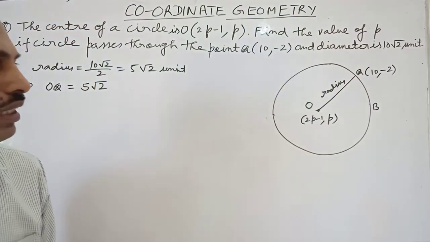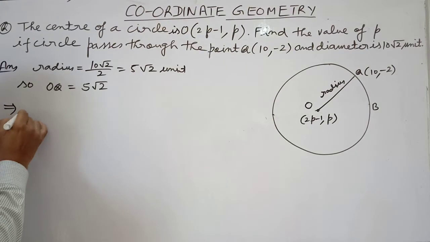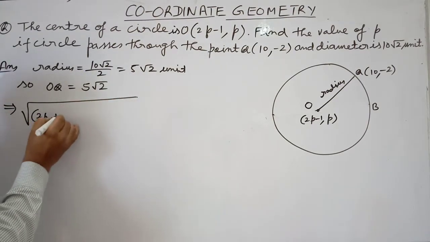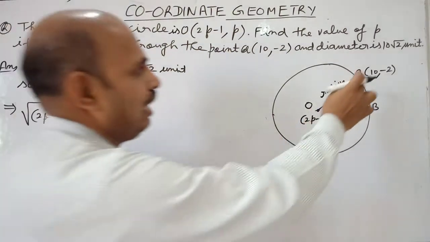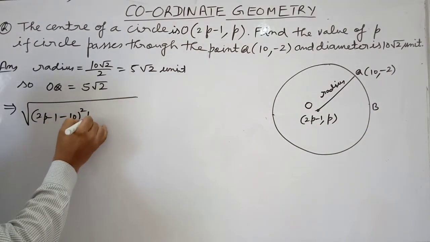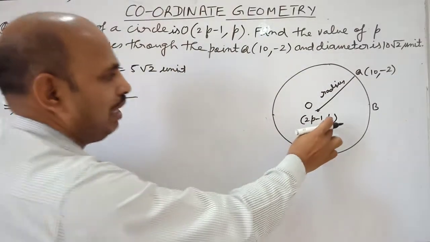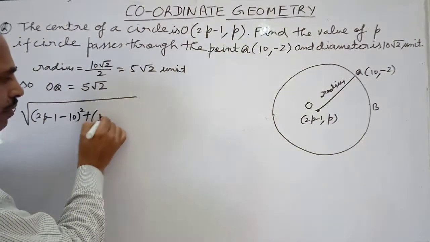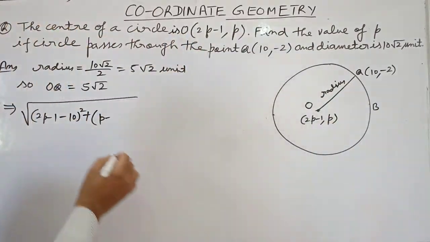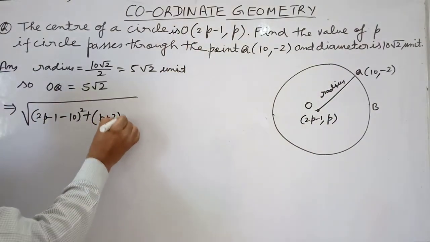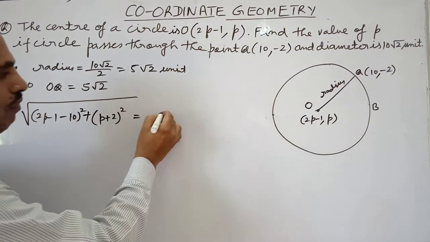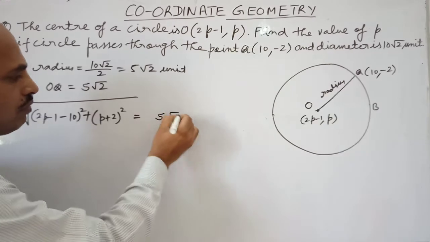By using the distance formula, square root of (x1 minus x2) whole square plus (y1 minus y2) whole square equal to 5 root 2.